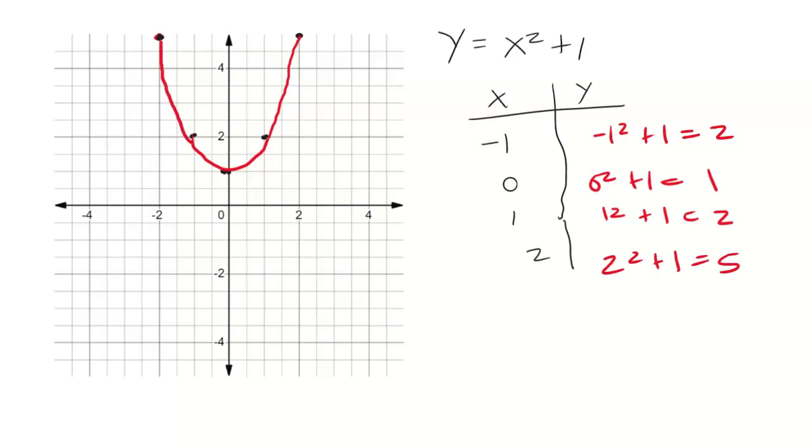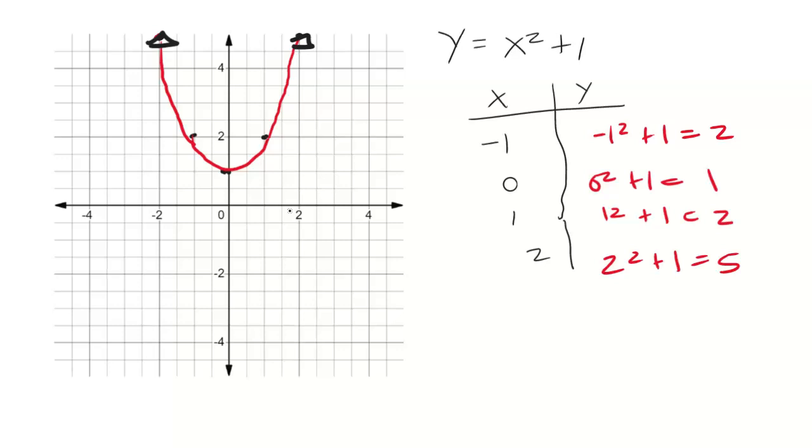There's our graph. It's a rough sketch and off by a little bit, but that's okay. So we have our graph of y equals x squared plus 1.